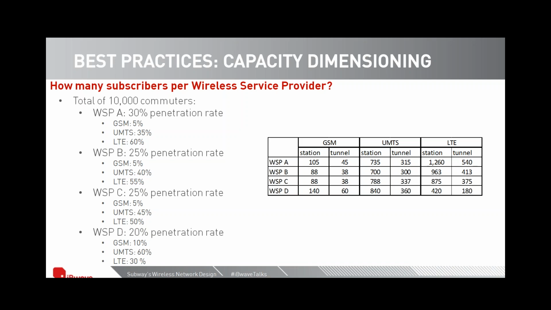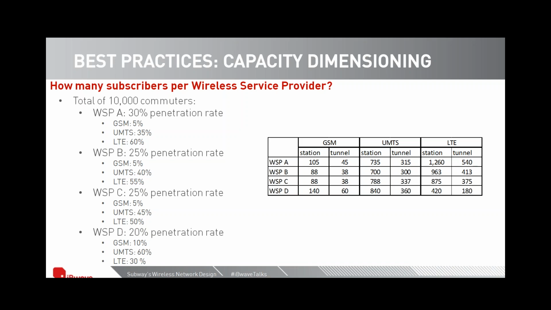There they have to say how many customers they have, which gives the percentage penetration rate. So when I say wireless service provider A has a 30% penetration rate, this is something that can be easily checked. We have assumed 100% penetration rate means everybody at the station has a wireless device.